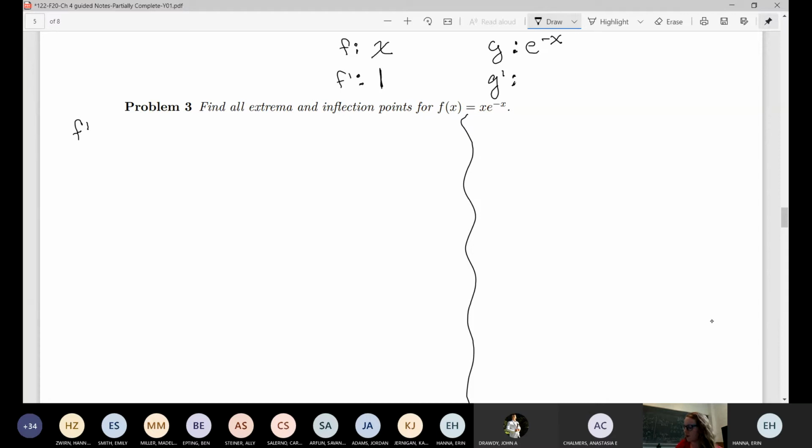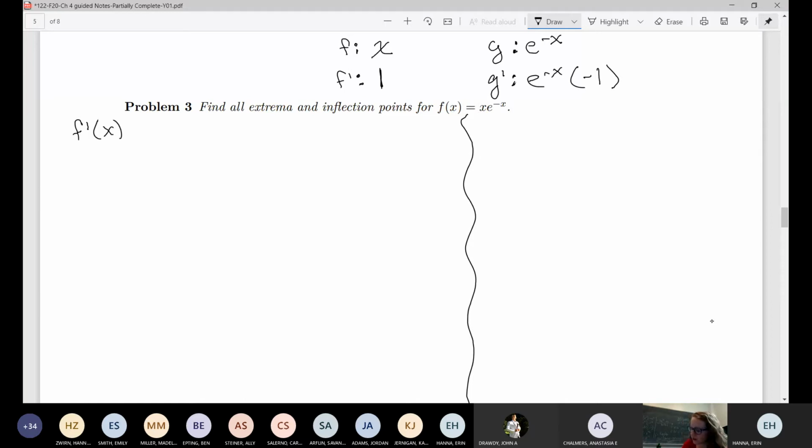So f prime will be 1 and g prime will technically be a small chain rule. It's an e to the kx, but remember an e to the kx is technically a chain rule. So I would get e to the negative x, and then we multiply by the derivative of the negative x, which gets us -1. The derivatives on this one are a little nasty, I'll be honest.